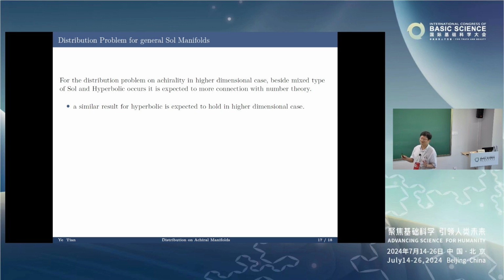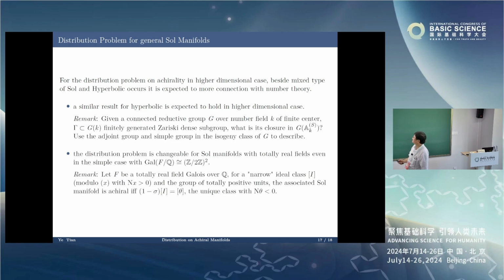But for hyperbolic, you just get 100%. And if we look at higher cases for this Sol case, for this hyperbolic case, we expect a similar result to hold. And the reason maybe is similar to before. But the interesting thing is the second one.